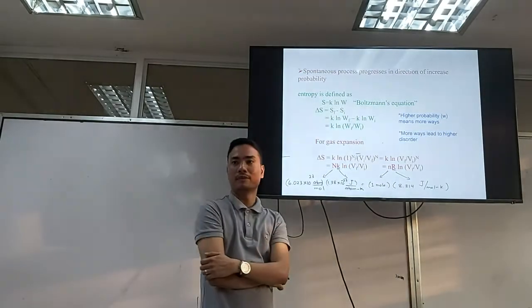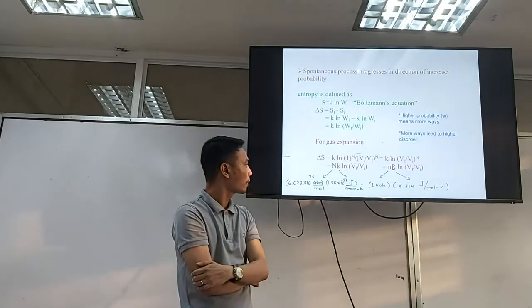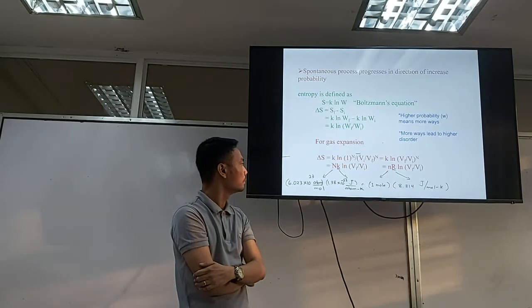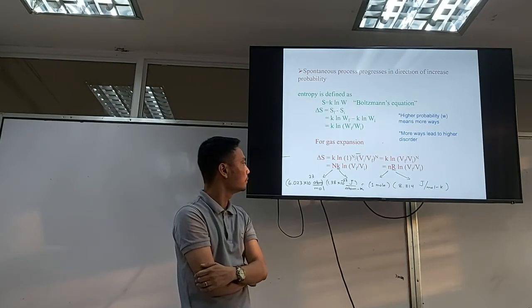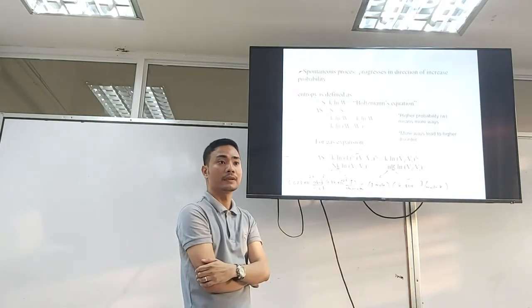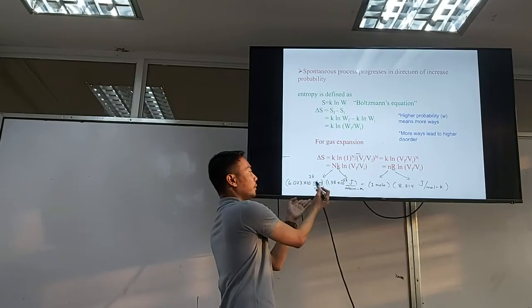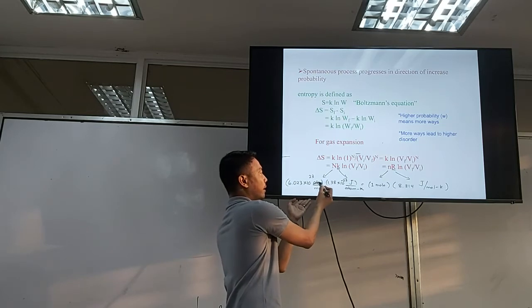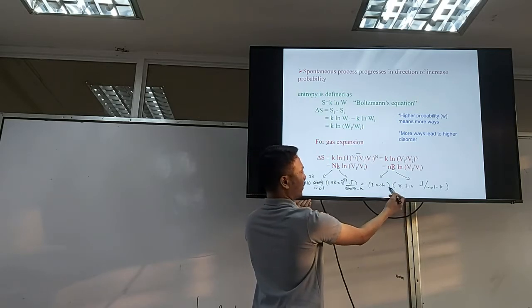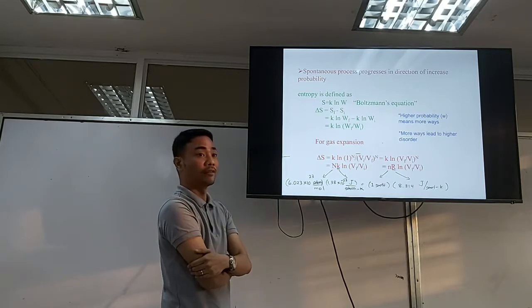Tingnan mo kung 8.314 yung lalabas. Tama? 8.31. Okay. And of course, cancellation of units. Ano makakancel dito? Atoms. Di ba? Dito, ano makakancel? Yung mole. So ano yan? Joule per Kelvin.